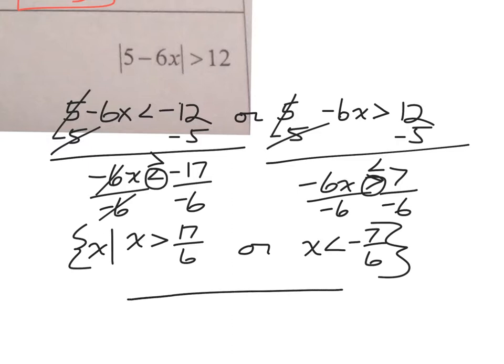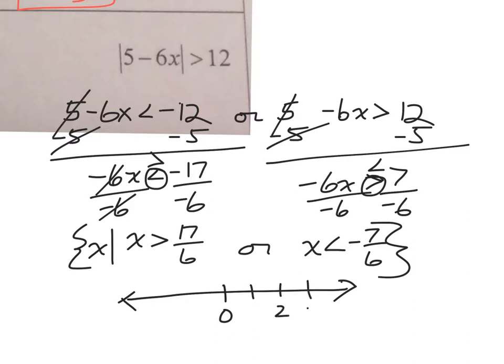Okay. So on this graph, we're not shading between two numbers, we're shading outside of two numbers. So 17/6, how much is that, class? 2 and 5/6, somebody said. That's right. 6 into 17 goes twice, and you have 5 left over.